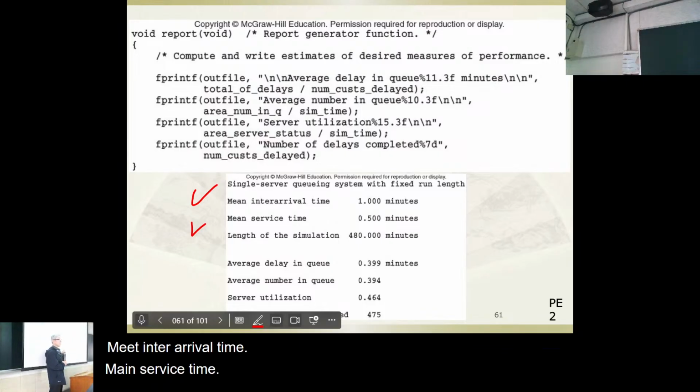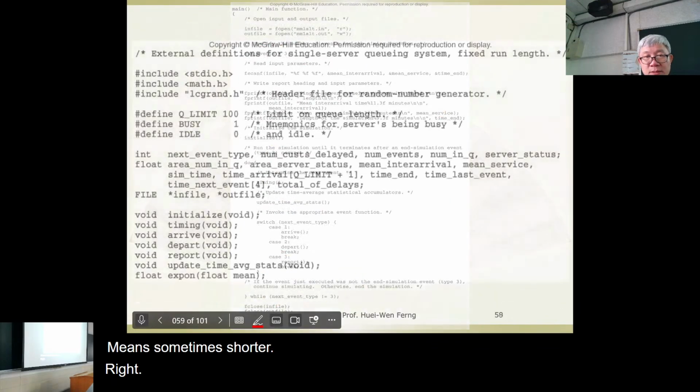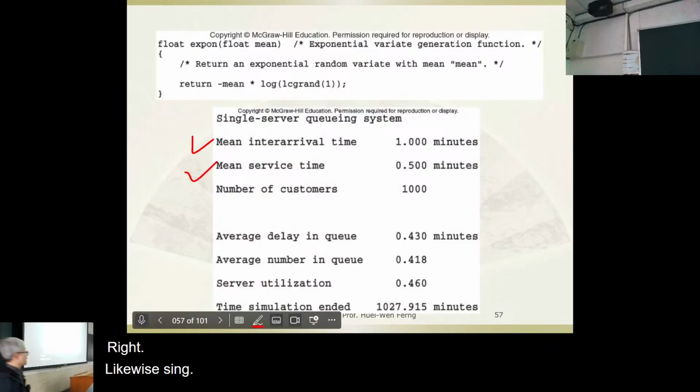Currently, the setting here is easier: inter-arrival time longer, mean service time shorter. Likewise, same. Mean inter-arrival time longer, mean service time shorter.